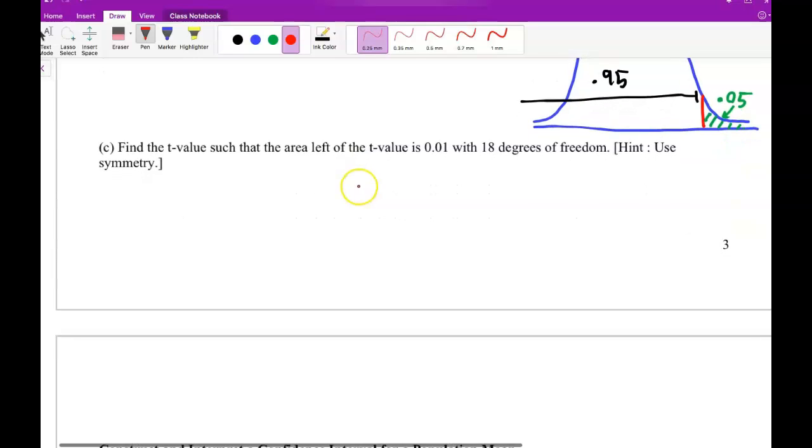Now part C, find the t-value such that the area left of the t-value is 1% with 18 degrees of freedom.